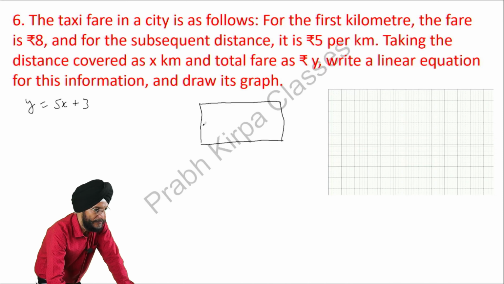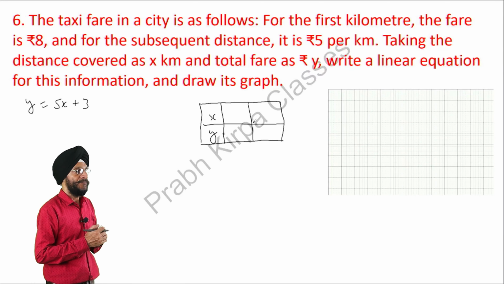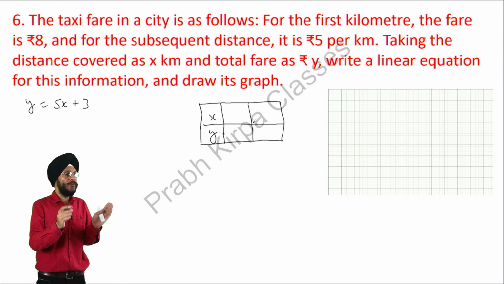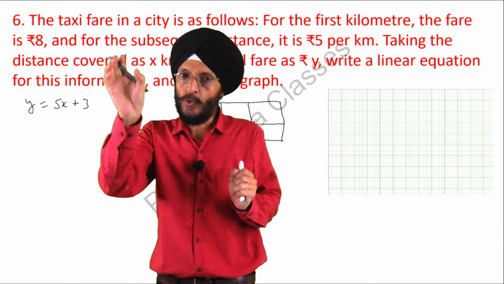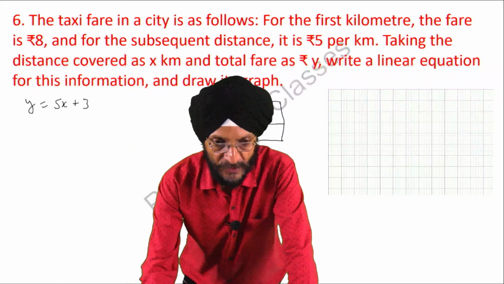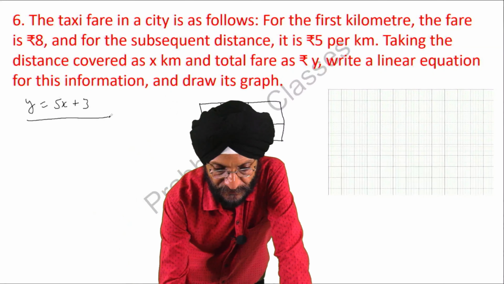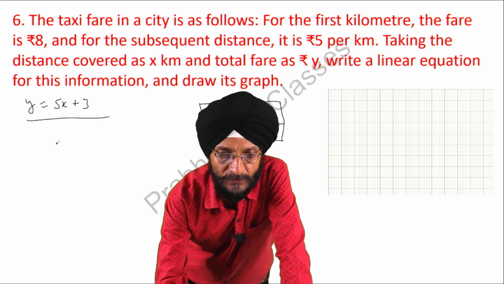Here we will form a graph. To form the graph, we will have to draw at least two solutions. That is, we have to find the values of x and y at 2 points, so that we can draw 2 points on the graph. So this is the equation.